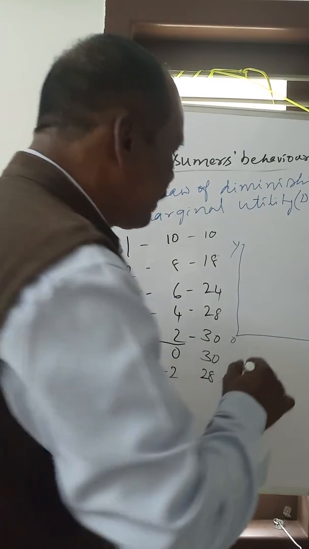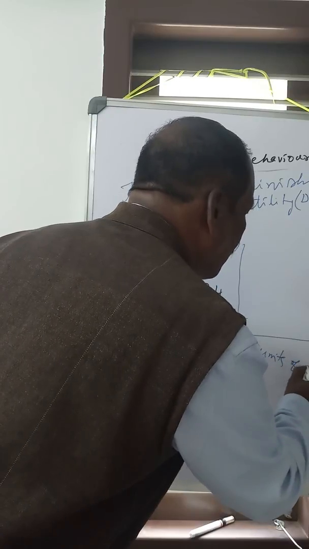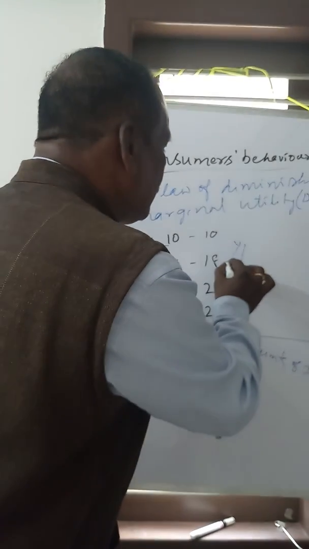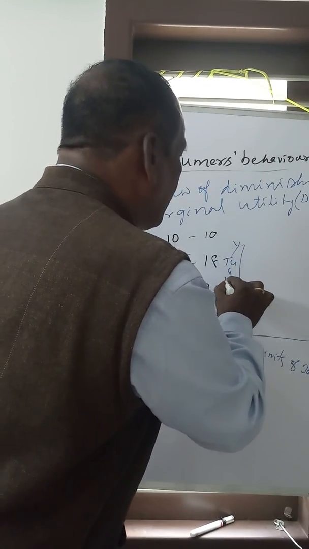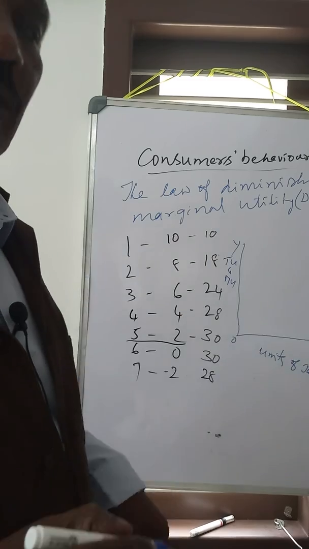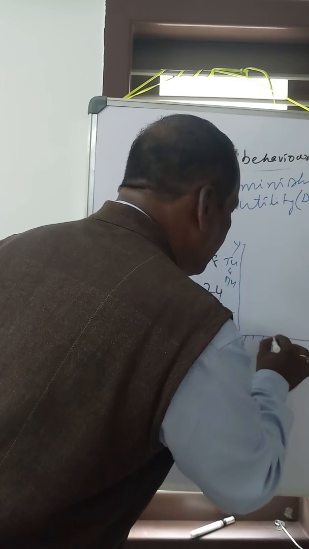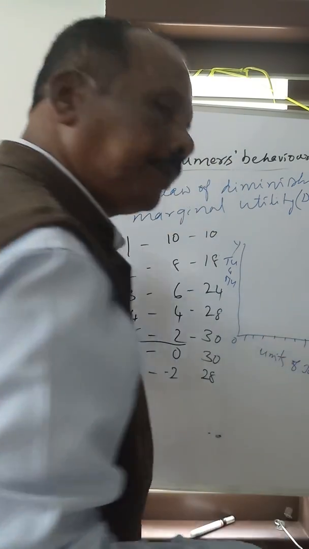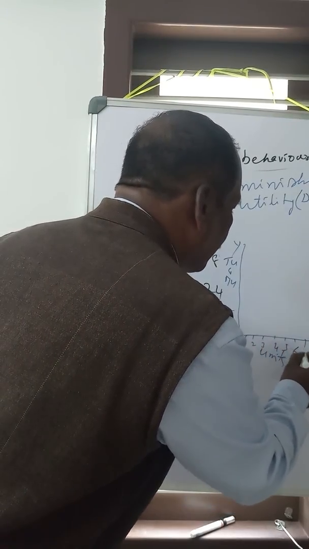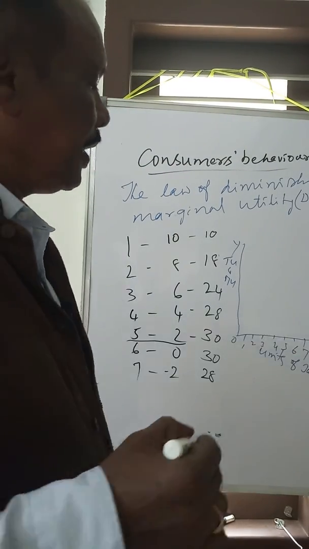Now let's measure the units of jamun, of a commodity, along the OX axis, and TU and MU, that is total utility and marginal utility, are measured along the OY axis. So these are the units: 1, 2, 3, 4, 5, 6, 7. So the consumer consumes 7 units of jamun.